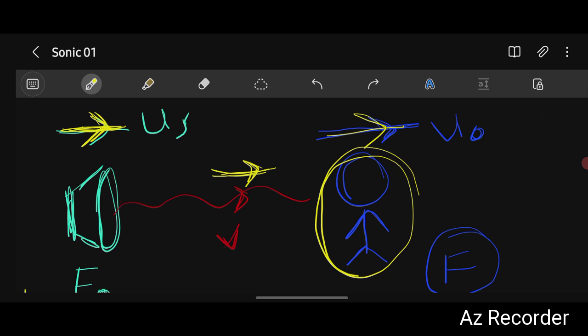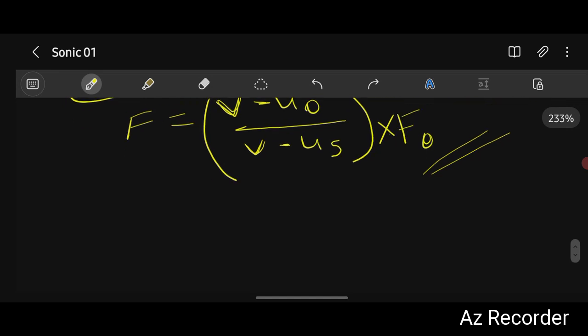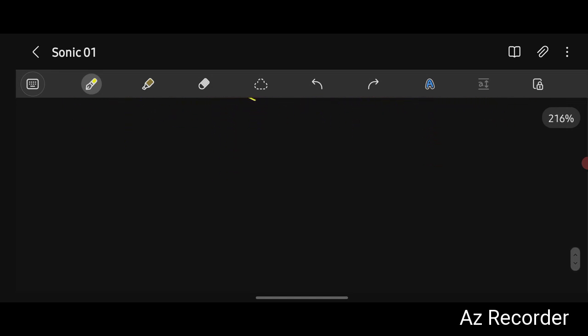Okay, then another, the fourth. We are going to take the source coming towards the stationary observer.